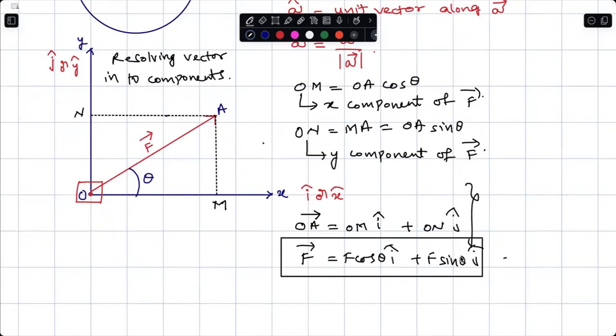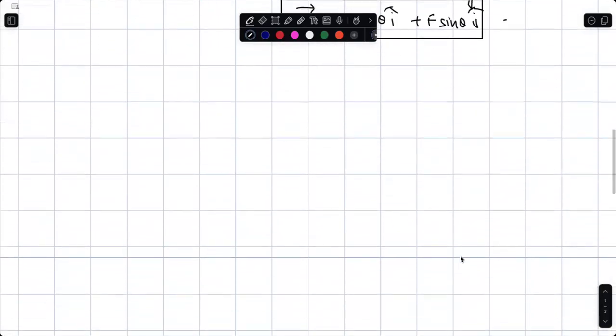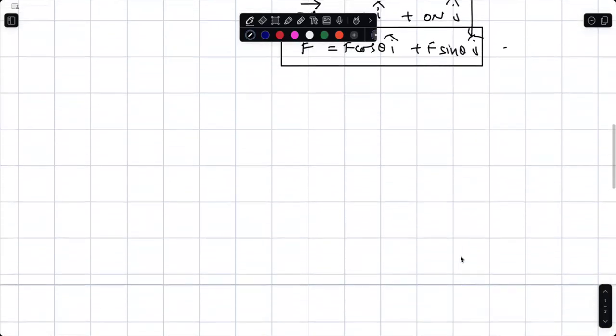Right. So I have introduced what a vector is, I have introduced what a unit vector is, and I have introduced how to resolve a vector. Now the deal is with addition of vectors. See, again, I am not deriving the total. This is a backup class. The addition of vectors.